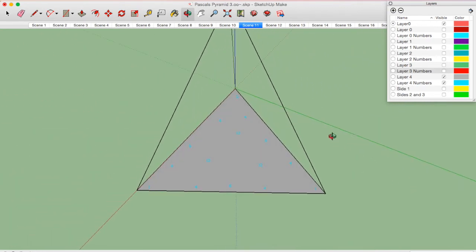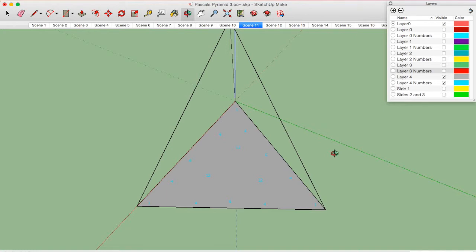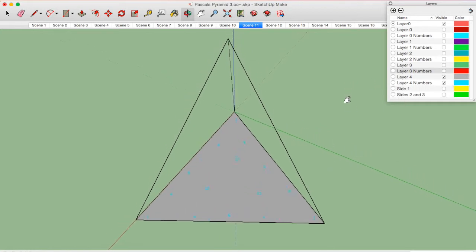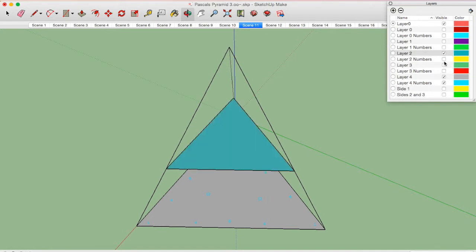And so I told you that the application of Pascal's triangle was binomial distribution. Well, the application of Pascal's pyramid is trinomial distribution.